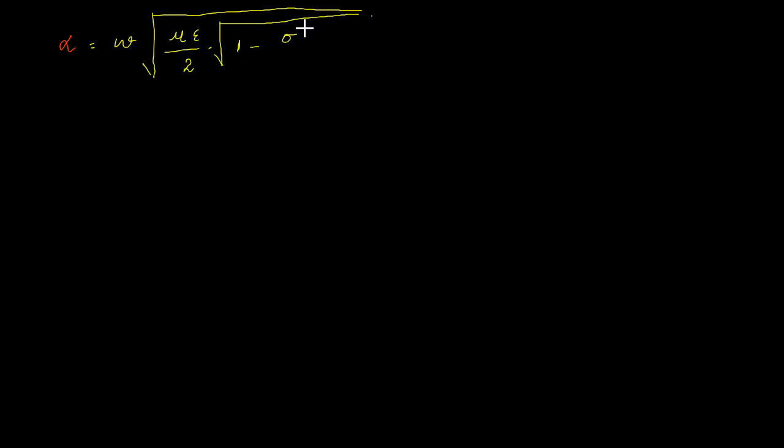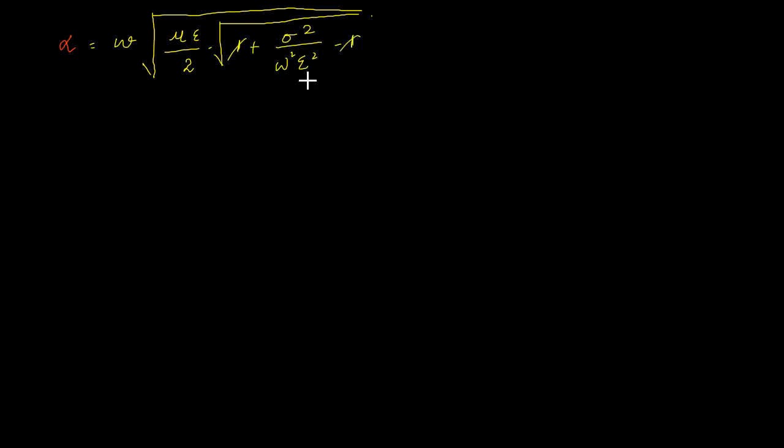Now let us connect, because earlier we studied the expression of alpha, which is omega times the square root of mu epsilon by 2 times the square root of 1 plus sigma square by omega square epsilon square minus 1.